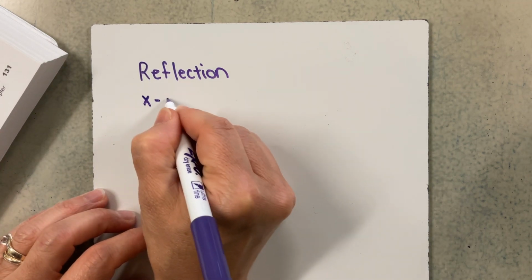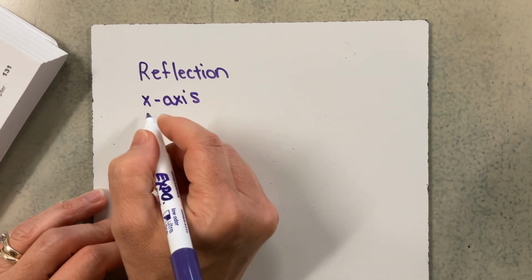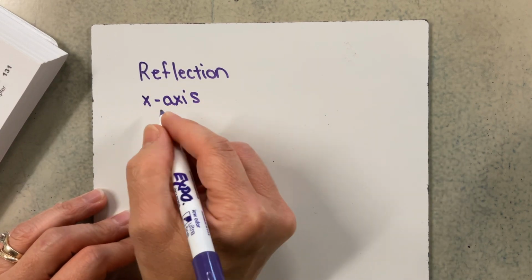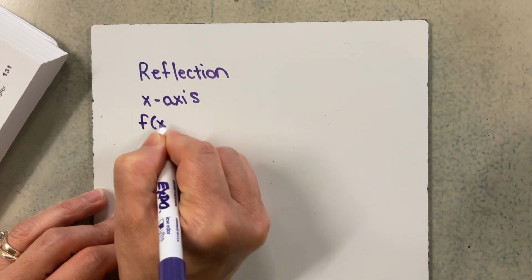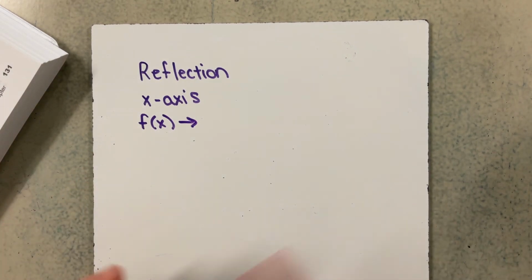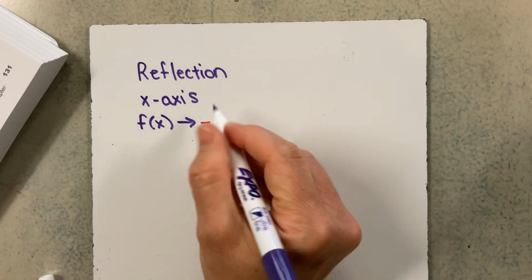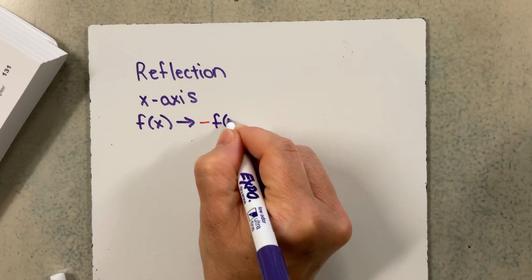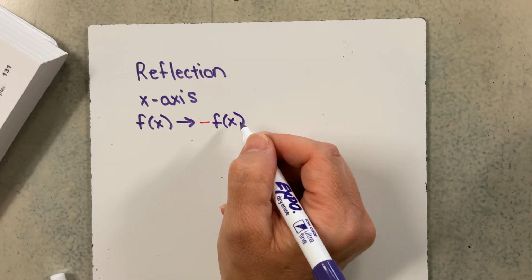So if it is being reflected off the x-axis, what's going to happen is we now have a graph. We had a graph of f of x, but what's going to happen to this, we now have a graph of negative f of x. Okay? When you do that, it's going to flip it.